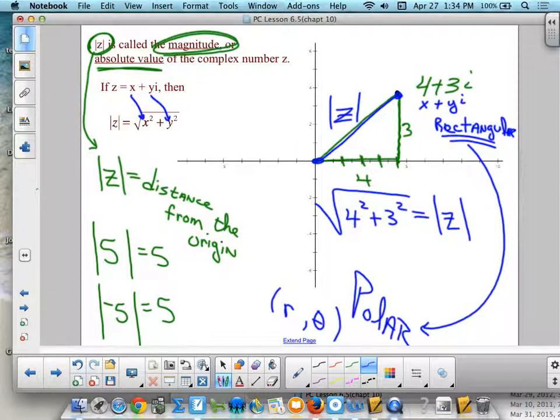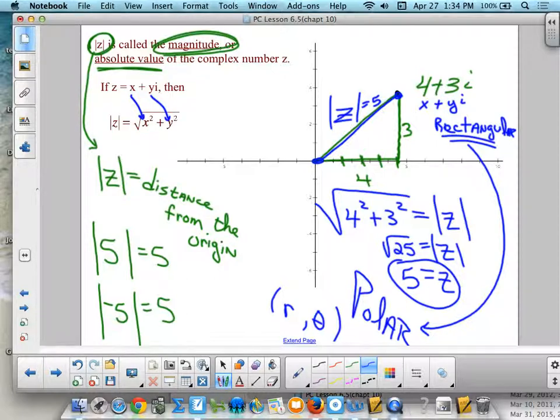Well, that r is the radius. Hey guys, look at that picture. Where's the radius in that picture? Yeah, well, Colton said it's 5. I didn't finish this, I'm sorry. z is 5. So Colton says, yeah, this is going to be the radius of my polar form, and he's right.